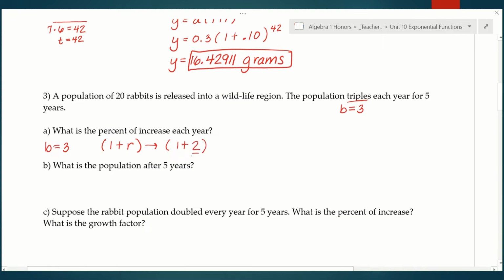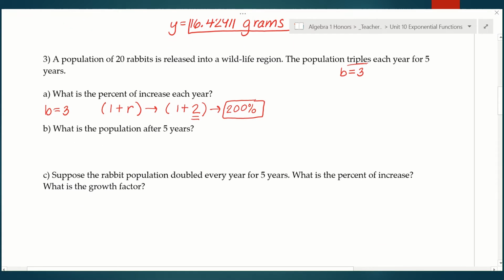And this number is considered our percentage. Well, how do I write 2 as a percent? 200%. And so that is the percent of increase each year. In this case, the growth factor is 3 because that's what B comes out to be when I add 1 and 2, but the growth rate is 2 or 200%. It's really important to know the difference between those two things.